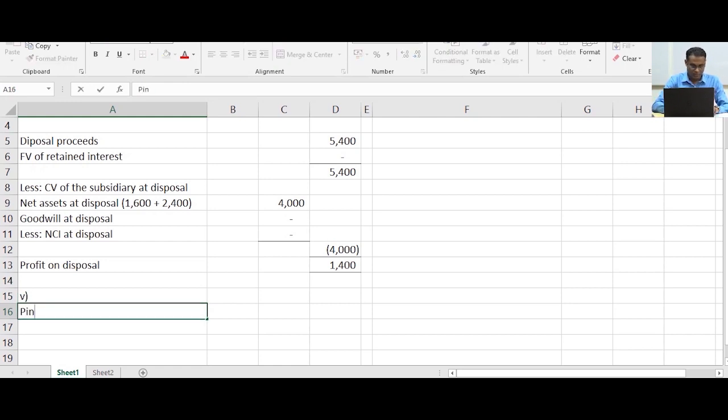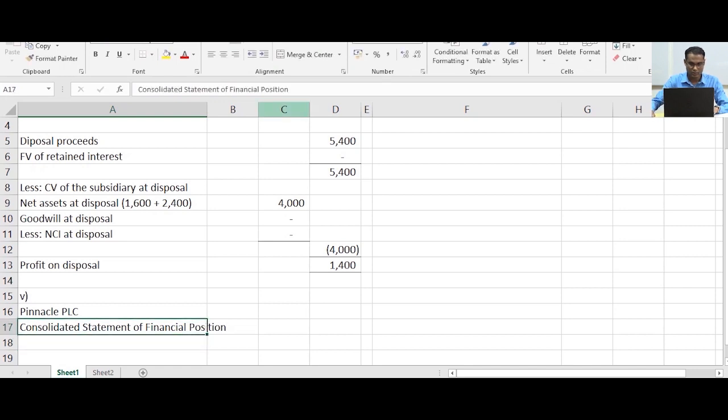So, Pinnacle PLC consolidated statement of financial position, as at December 2019.